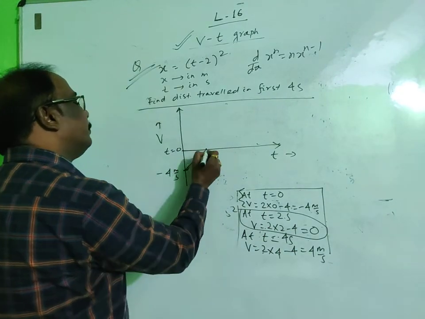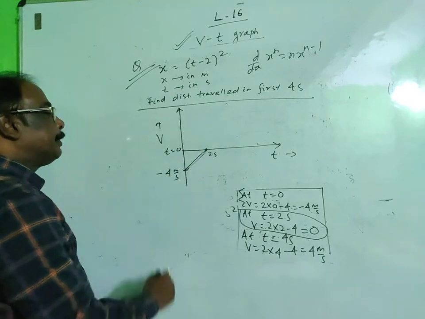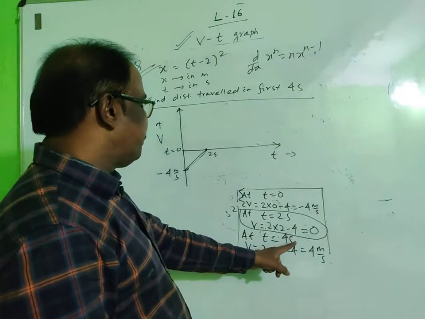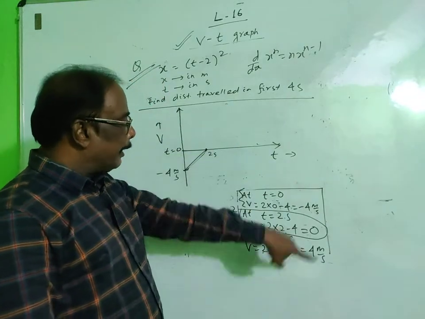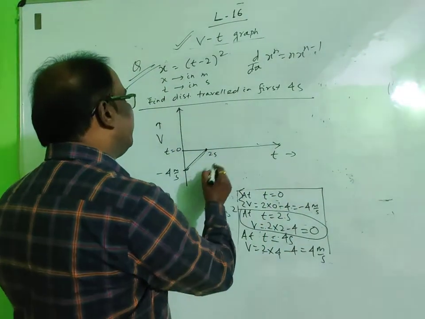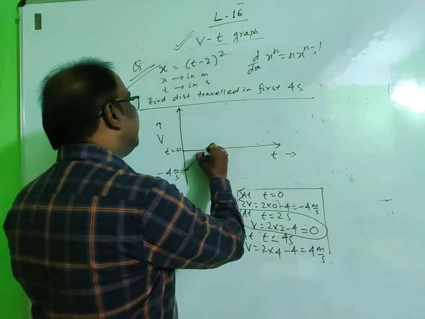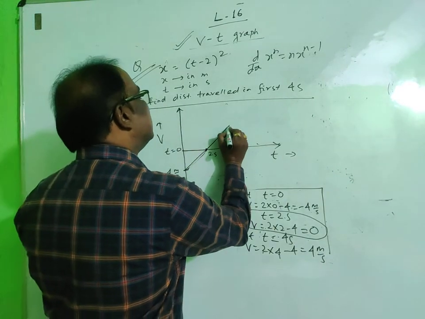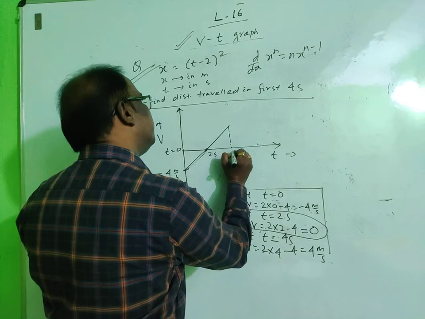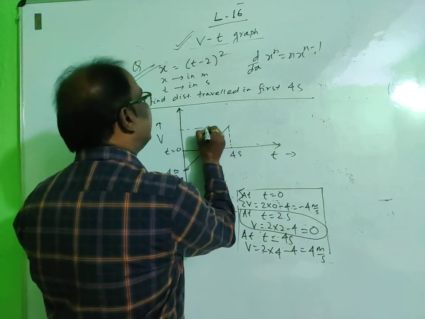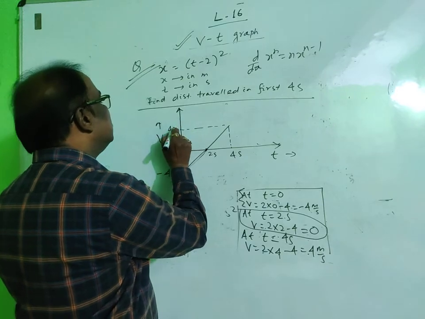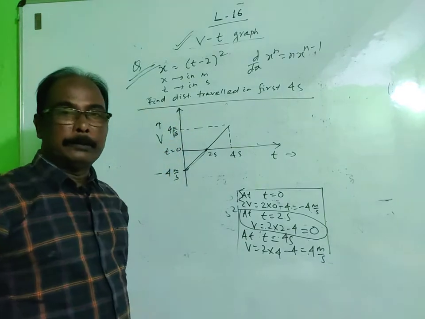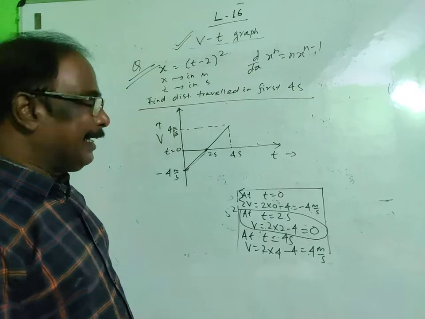This is 0. In next, at 4 seconds, means after again 2 seconds, velocity is 4 meter per second. Means velocity increases. So this time is 4 seconds, and velocity becomes 4 meter per second. So this is the Vt graph.